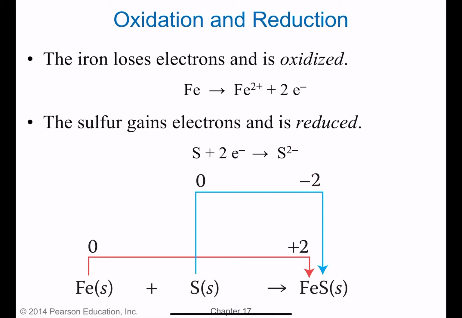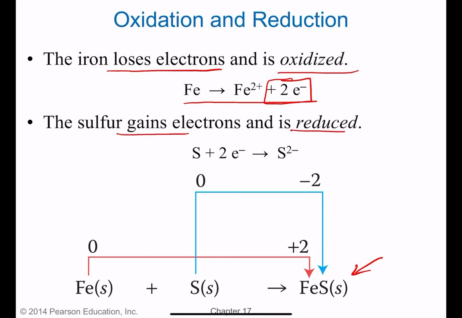Since the iron in our example lost electrons, we say it's oxidized. This is what we call the half reaction for iron, the iron half of the reaction, where the 2 electrons on the right side is how we represent losing electrons. And the sulfur gained electrons. We call that reduction, or it's being reduced. Writing 2 electrons on the left side is how we represent electrons being gained.